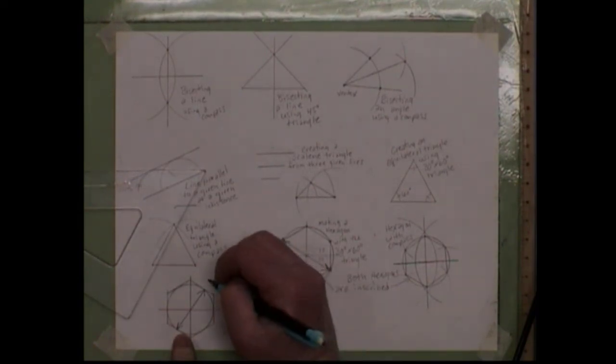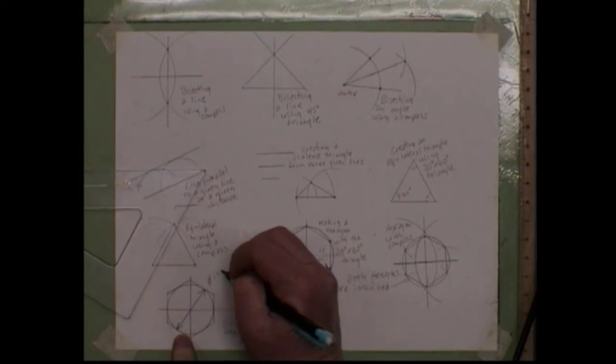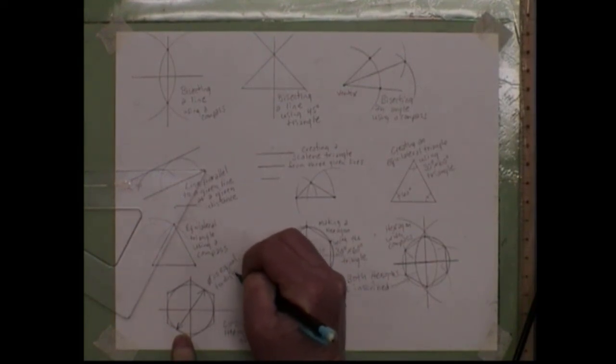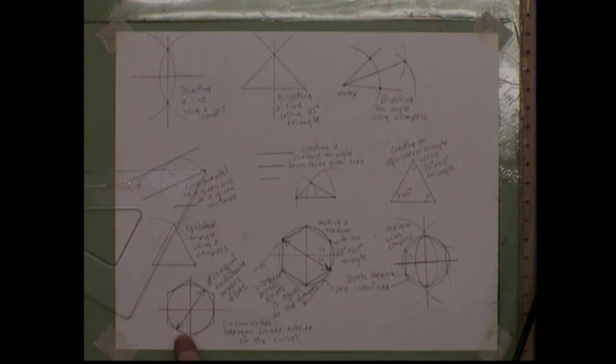The distance across the flats, right? Everybody agree with me? Our diameter is equal to the distance across the flats whenever it is circumscribed.